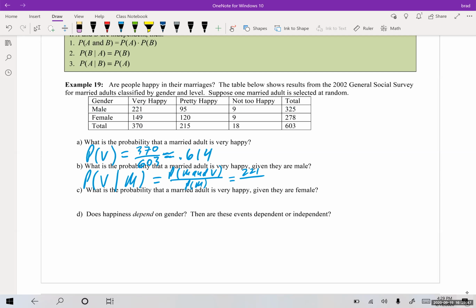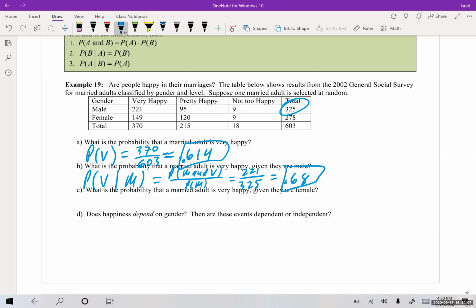Male is 325. Let's do 221 divided by 325. Yep, 0.68. Okay, so far so good.